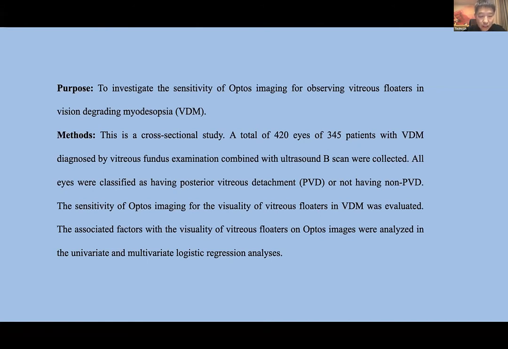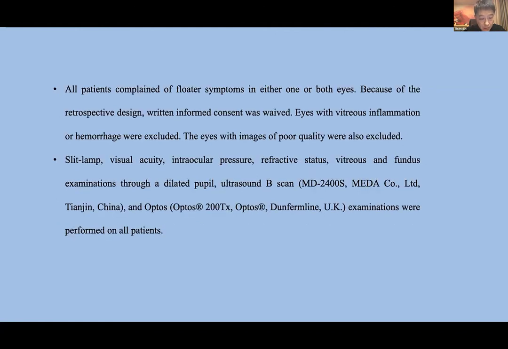We also analyzed the factors associated with the visibility of vitreous floaters on Optos images in univariate and multivariate logistic regression analysis. All patients complained of floater symptoms in either one eye or both eyes. Eyes with vitreous inflammation or hemorrhage were excluded. Eyes with poor quality images were also excluded.